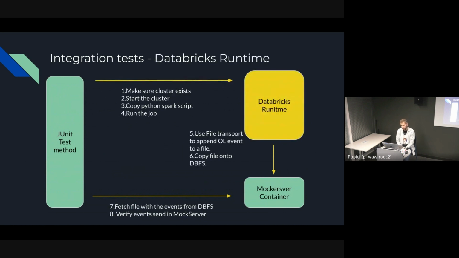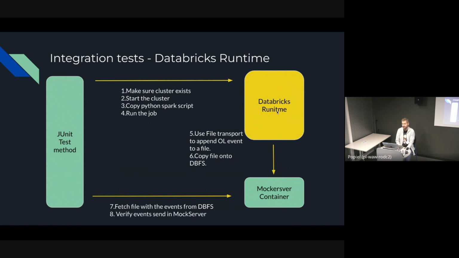This approach can be extended even further to the Databricks runtime. With Databricks, there is a Databricks API Java library. It got released, I believe, in May or June, and it allows you to spin up a Databricks cluster with REST API calls. This is something we are using in our JUnit tests. So we use this REST API and Java client to make sure the cluster exists, to start the cluster, to make sure it has the OpenLineage jar attached, to copy the Python script to the cluster, and to run the job, which is the Python script.